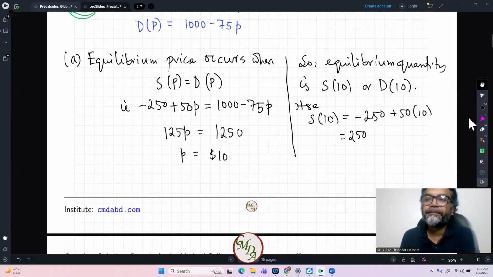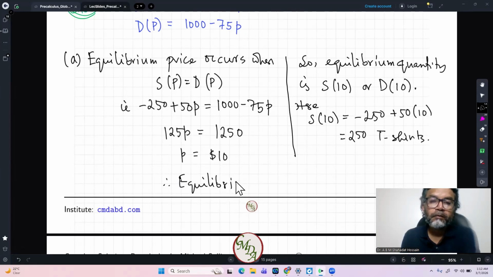That is the quantity. Therefore you can write the equilibrium point, which is just the coordinate of price versus quantity.